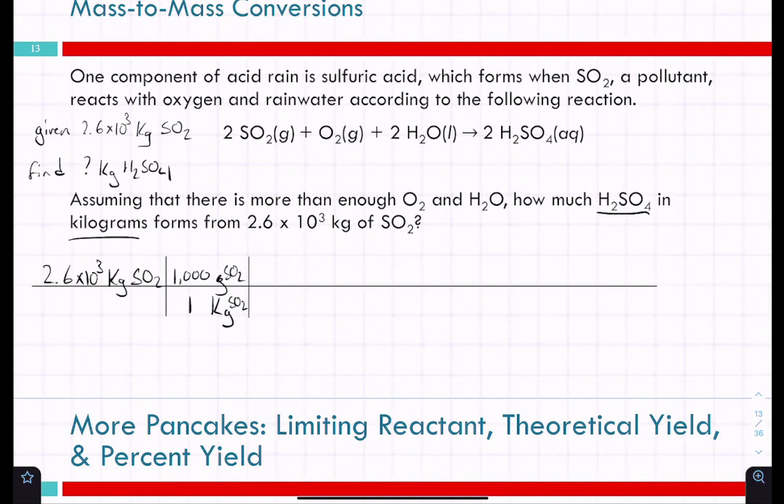Now we have grams of SO2, so we can calculate the molar mass to go from grams to moles. We have sulfur and oxygen. Sulfur is 32.07, so we have 1 sulfur times 32.07, and 2 oxygens times 16.